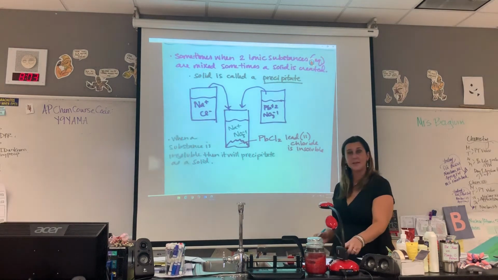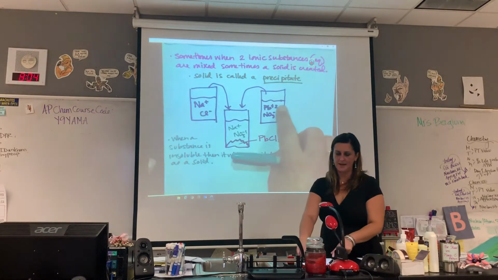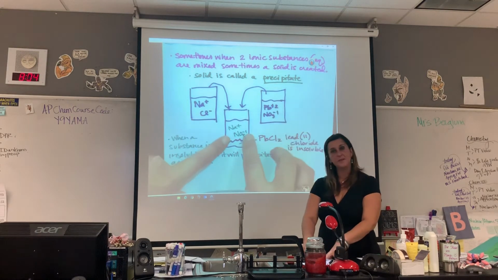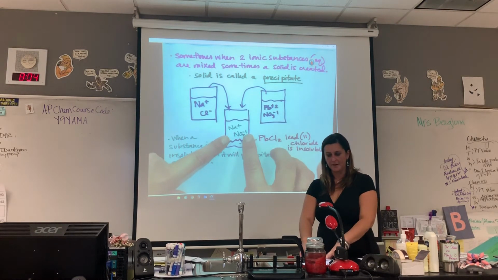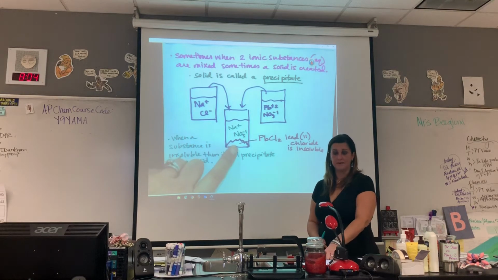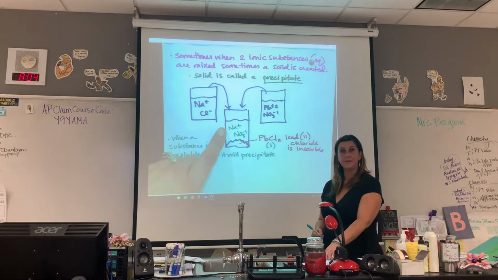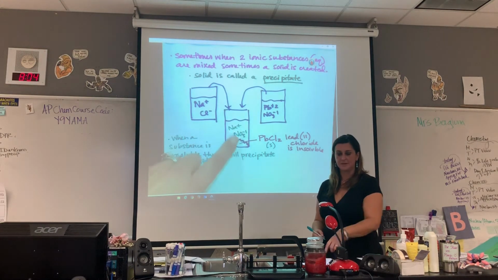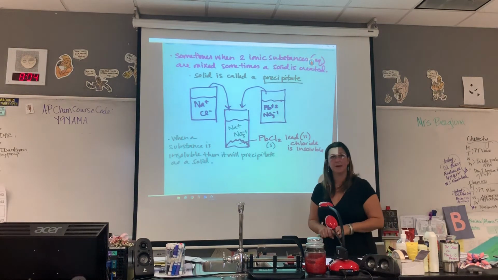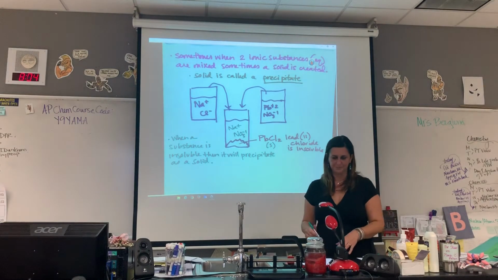Okay, so in this case, the lead and the chloride, when they got into a common solution, got together and made the solid here down at the bottom. So this is a solid. And then we still have sodium and nitrate as aqueous substances out in the solution.